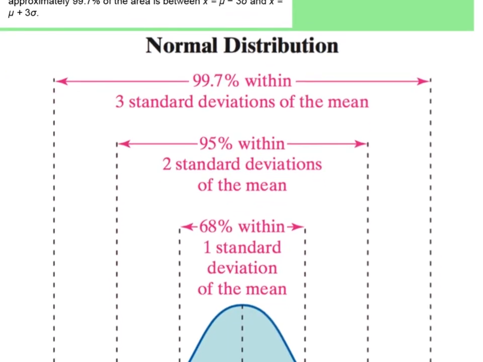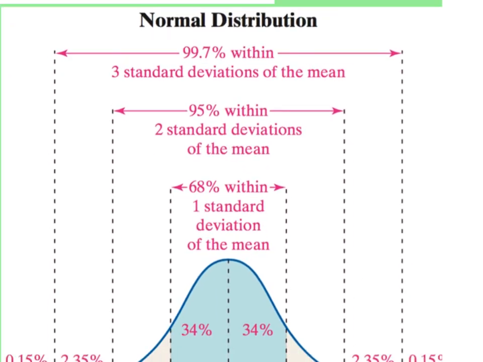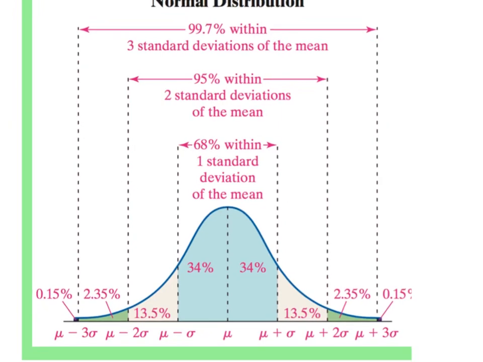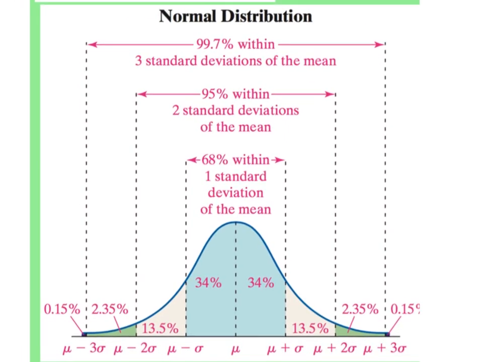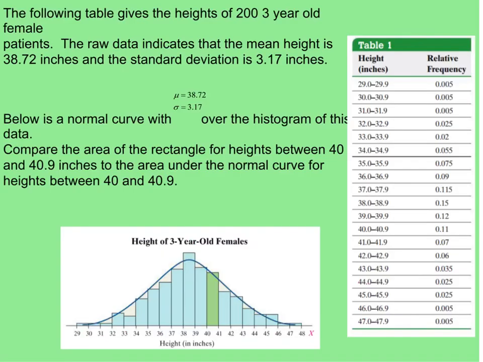Just to refresh you on this, we have our normal distribution, and these are all the percentages applied to it. Although, as we go through Chapter 7, we will have a much more precise and accurate way of computing probabilities under our normal curve. So stay tuned in a later section to see how that works.